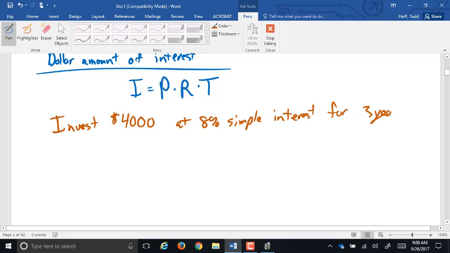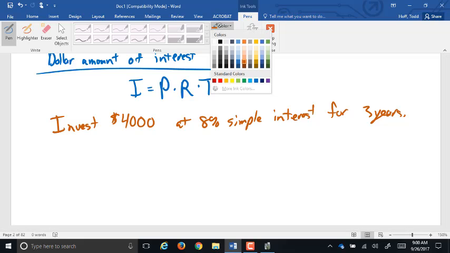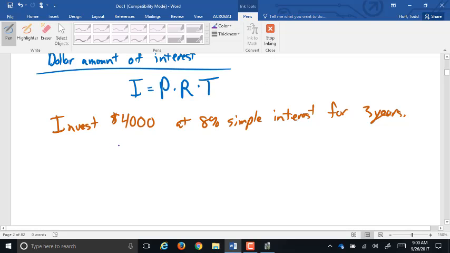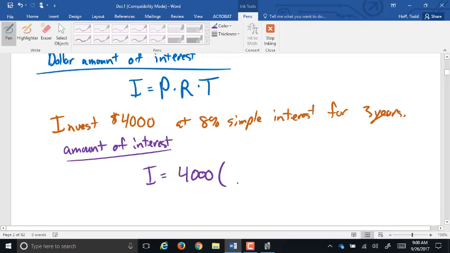For 3 years. The amount of interest is just going to be I equals, what's our principal? 4,000, yep. What's our rate? 8%.